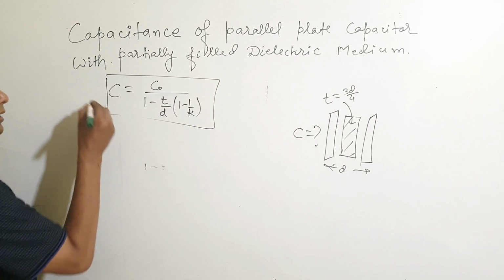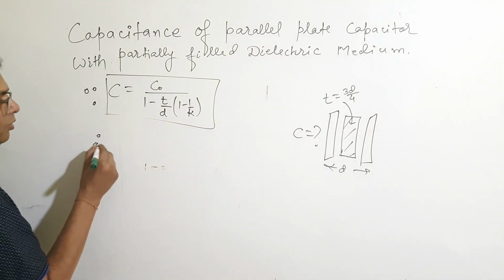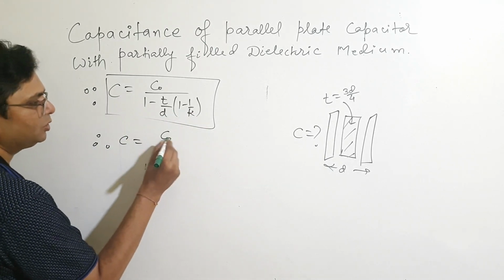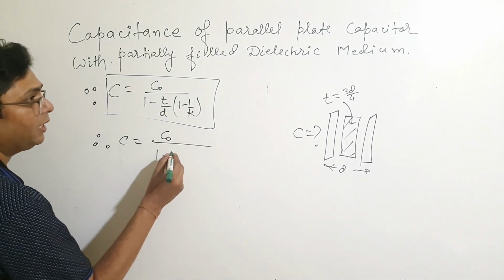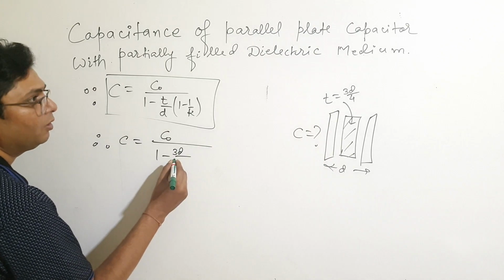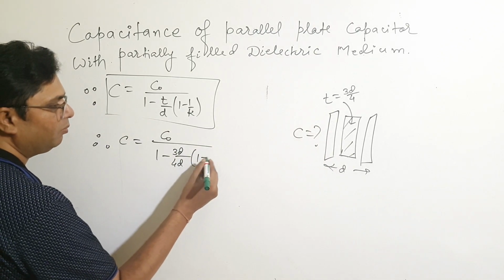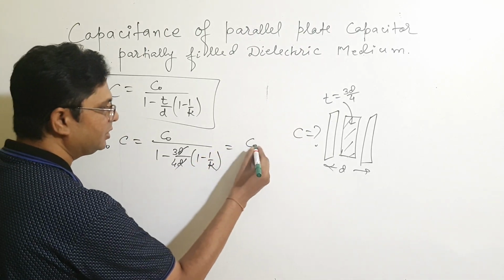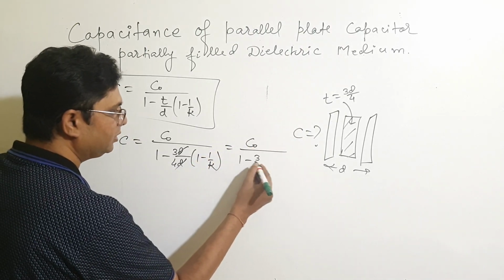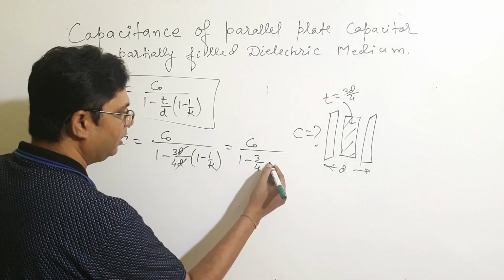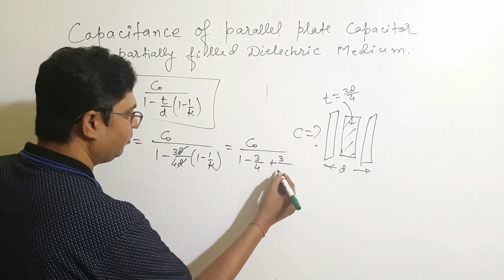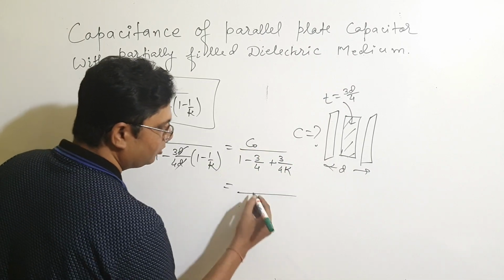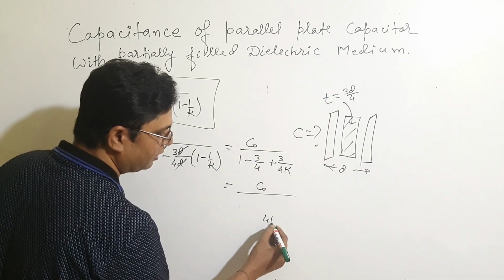We know the formula. Therefore substitute the value of T, 3D by 4. So C equals C naught divided by 1 minus 3D by 4D times 1 minus 1 by K. Cancel this D. So you have C naught divided by 1 minus 3 upon 4 plus 3 upon 4K. Take the LCM, which is 4K.